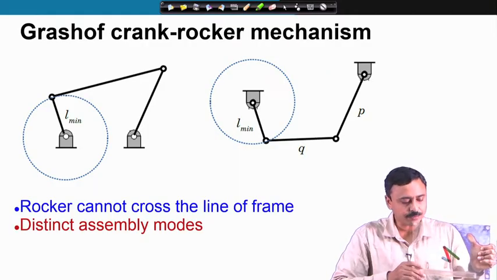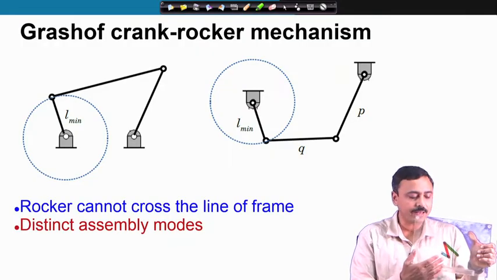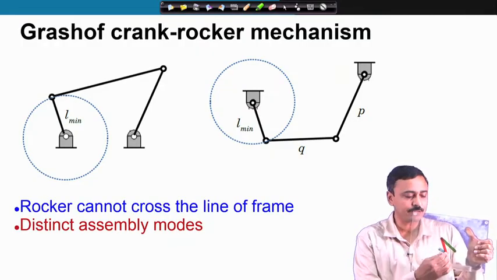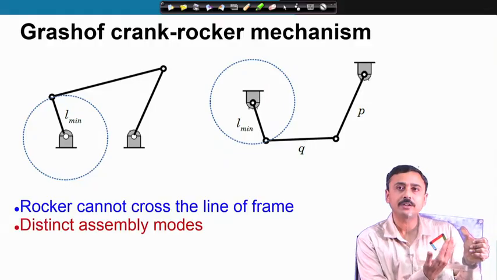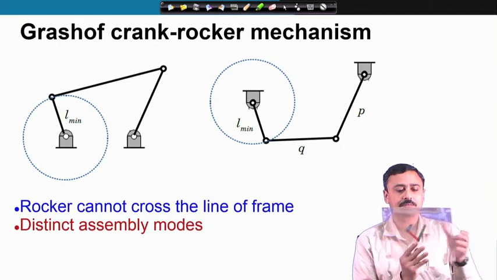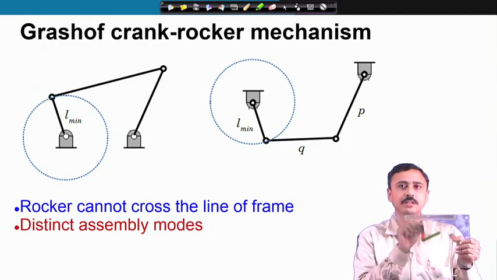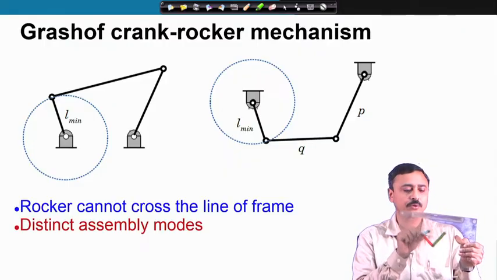There is another concept of assembly mode. Given these link lengths, I can assemble the mechanism either in this form where the rocker rocks above, or I can assemble the mechanism like this where the rocker rocks below.